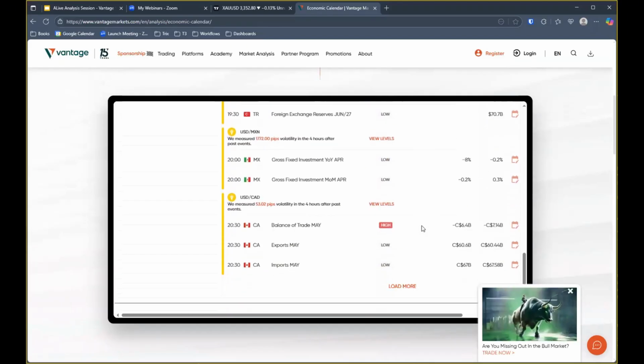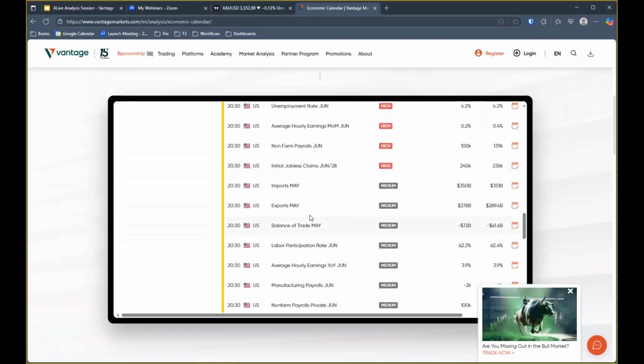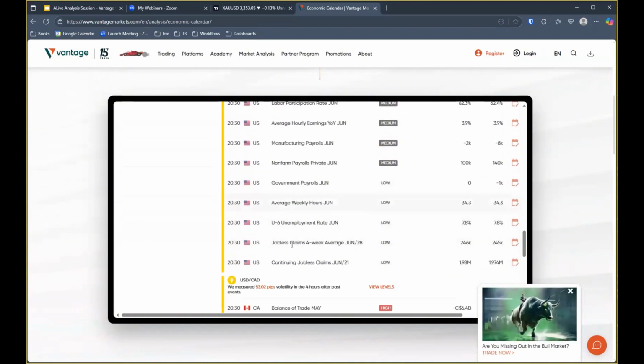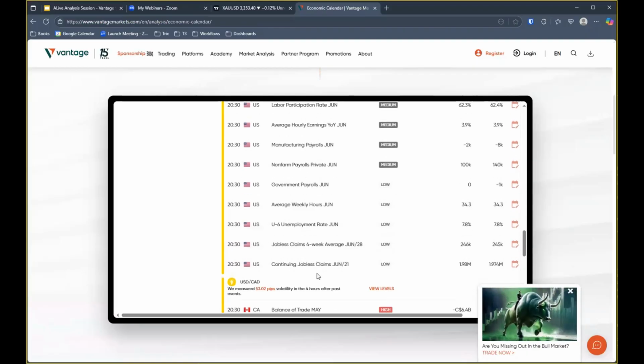So the two key events coming up for the US, especially for your DXY: tonight we have very important news, non-farm payrolls. You have jobless claims, so a lot of high impact news coming out. Non-farm payrolls tend to be on the first Friday of the month, but today we will be looking at the announcement together with the jobless claims.